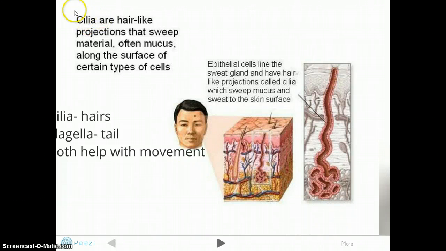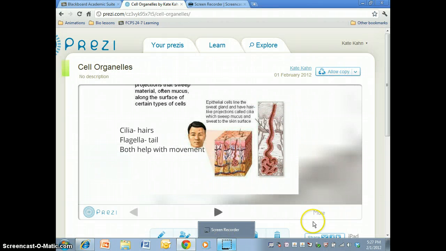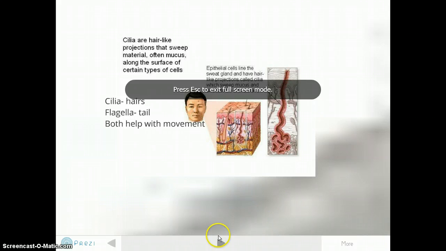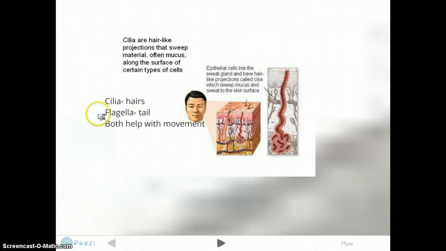So here's cilia, C-I-L-I-A, and flagella. Cilia are the hairs and flagella are the tails, and both are responsible for helping with movement inside the cell. Okay, so make sure you've added cilia, the hairs, and the flagella, the tail, on the bottom of your page.